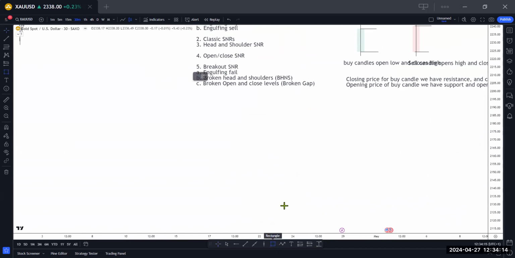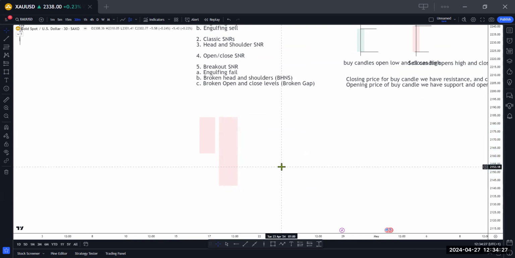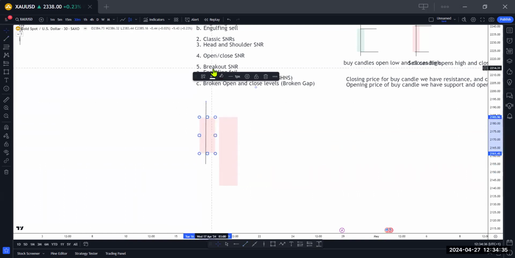Engulfing. So a candle is considered to be an engulfing when the candle next to it completely absorbs all that it has to give. So for example, this candle will be a buy candle, right?